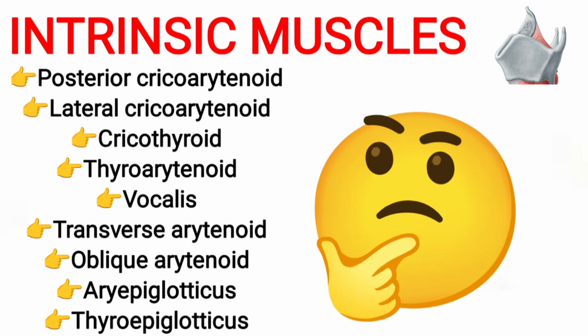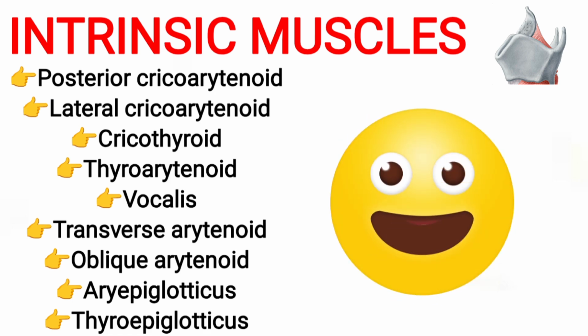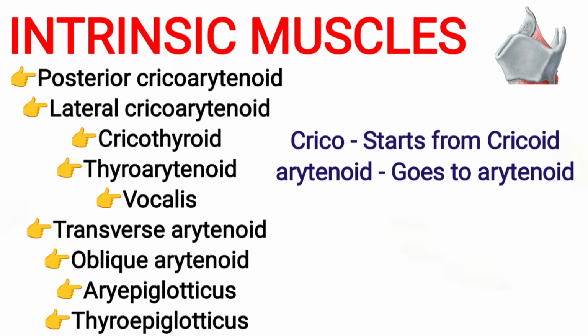But how will you remember it? You will have to remember its origin and insertion points as well. The name of the muscle tells you what is the origin point and what is the insertion point, so no need to mug up. If the name of the muscle is cricoarytenoid, divide this word into two: crico and arytenoid.